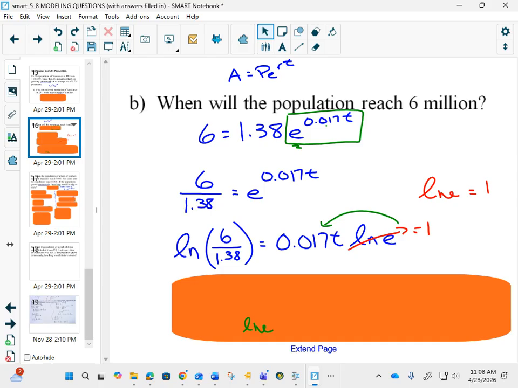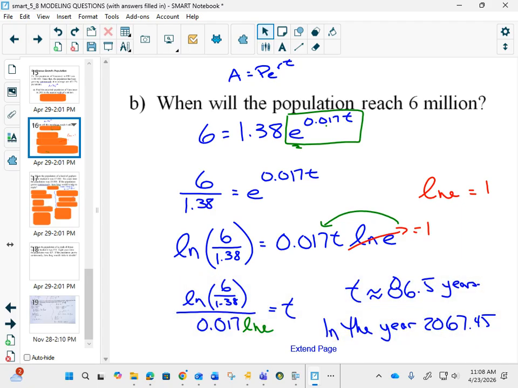And the reason that natural log is nice is because the natural log of e is equal to 1. So if you have natural log of e all by itself, it can just go away. It doesn't have to though. So I can have it just go away because it's equal to 1. Or here, I wrote it in green. If you had divided also by the natural log of e, it would not be wrong.